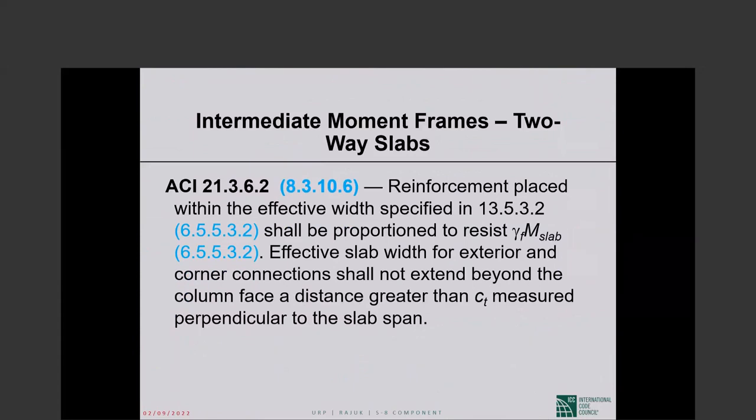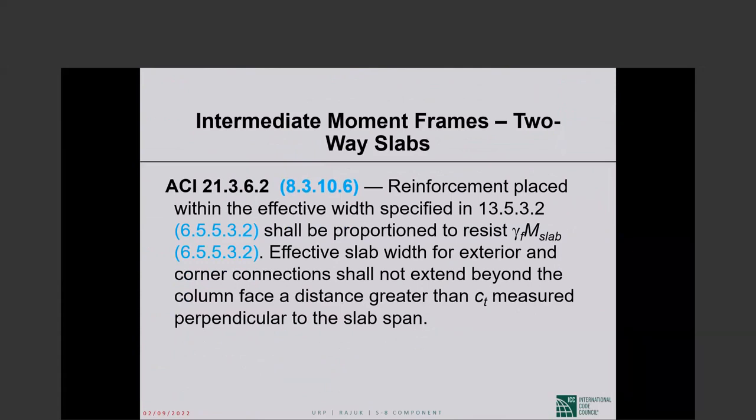Now these discussions are all fresh, so I can go a little faster. You remember that a fraction of the unbalanced moment is transferred by flexure, the remainder by shear. Gamma sub F is the fraction that is transferred by flexure and is typically around 60%.